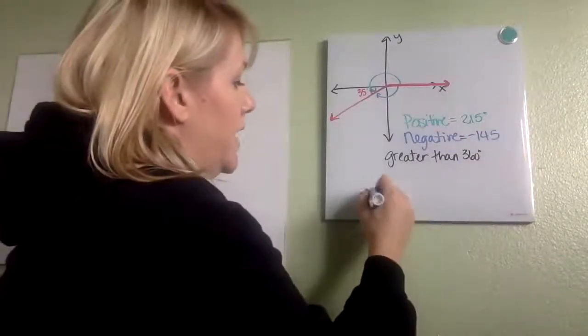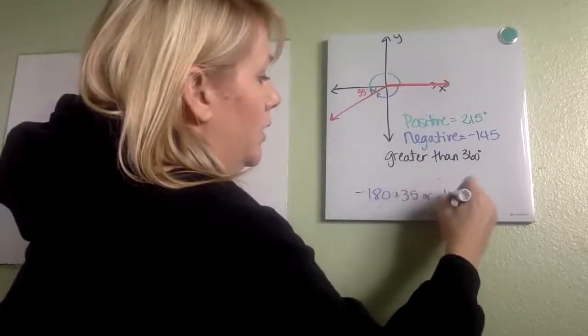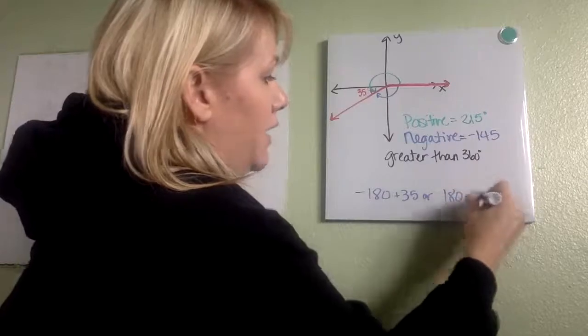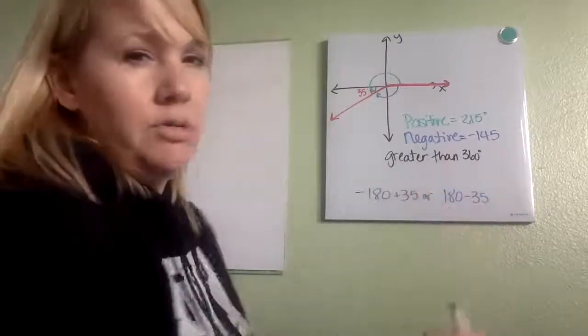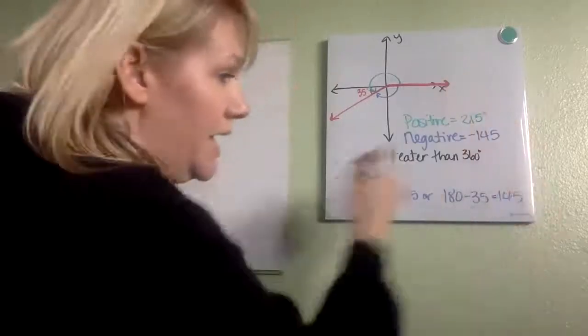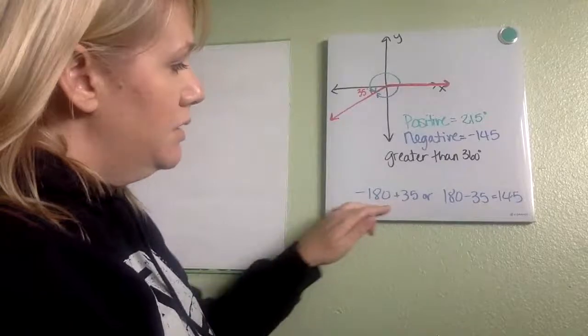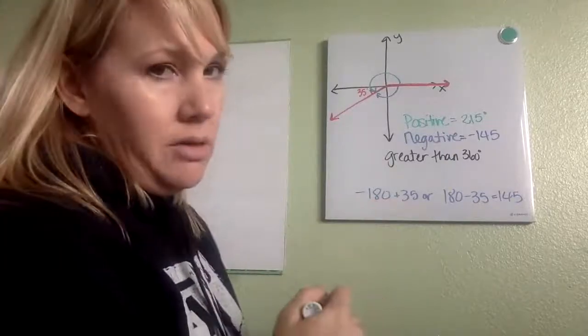So what I did was negative 180 plus 35, or 180 minus 35, and then made it negative. Does that make sense? This would be 145, but since it's a negative angle, you have to label it as negative 145, which is why this way of calculating it makes a little more sense.